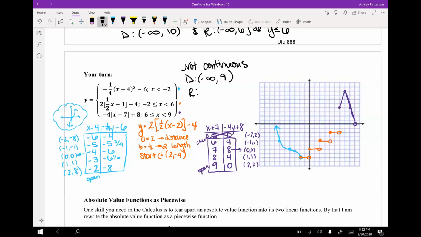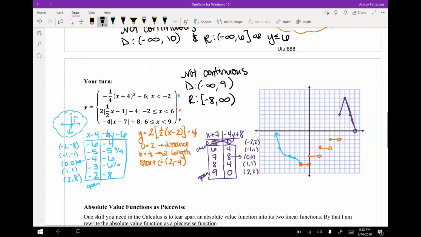The range starts all the way down at -8. But again, because of that parabola, it's going to shoot up to infinity. Hopefully you guys got that right. If not, please write down some questions and ask me so we can clear that up together, okay?